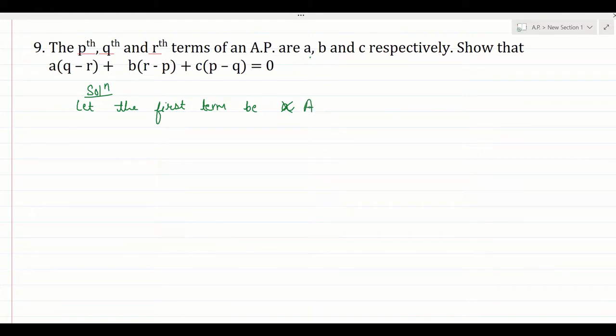Is this clear? Okay, again. So let the first term be A and small d, or if you want, you can suppose capital D as well as the common difference. No problem. Small d, even if you use, there is no problem because the small d is not used in the question anywhere.